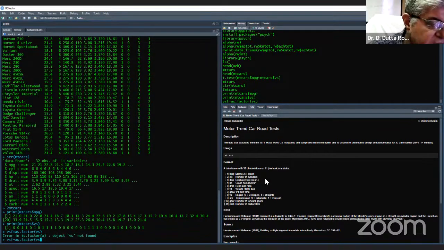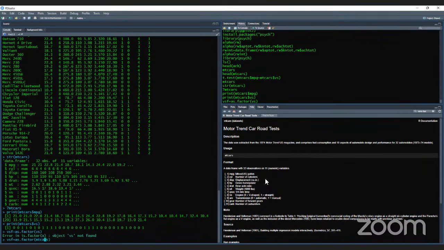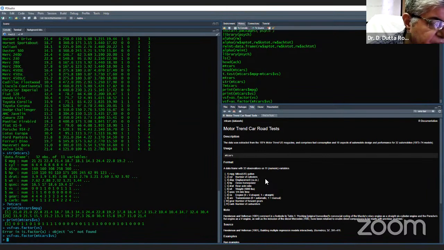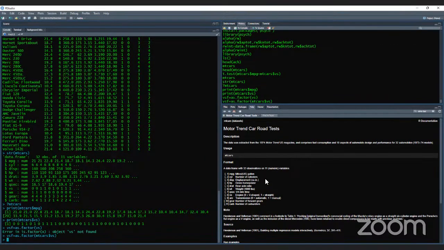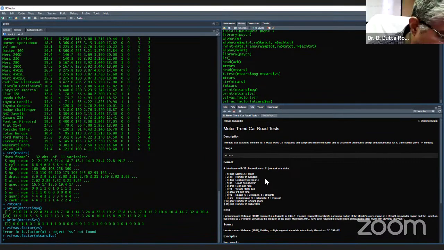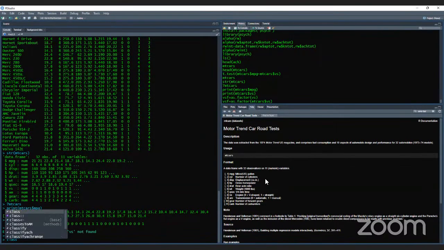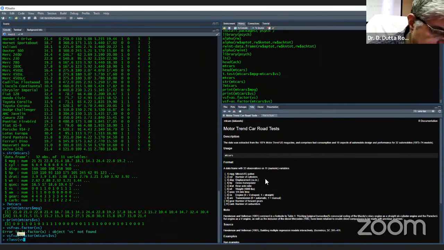Sorry, it should be written mtcars$vs because it is a data frame. Now, you can write class bracket vs.